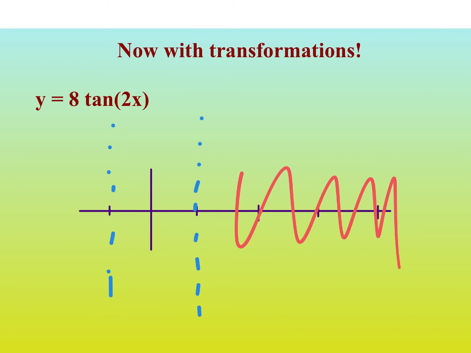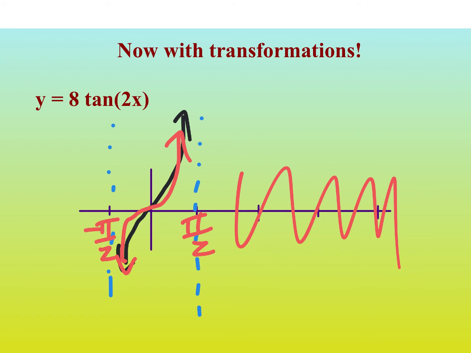Okay, so here's how you would have tackled this one. I'm not too picky on how sharp you make that turn. You could make it sharper by going like that, but I'm not going to be picky about that. Next I definitely am going to be picky about this: this is pi over 2 and this is negative pi over 2. But then it changes, and this is 1 and this is negative 1.